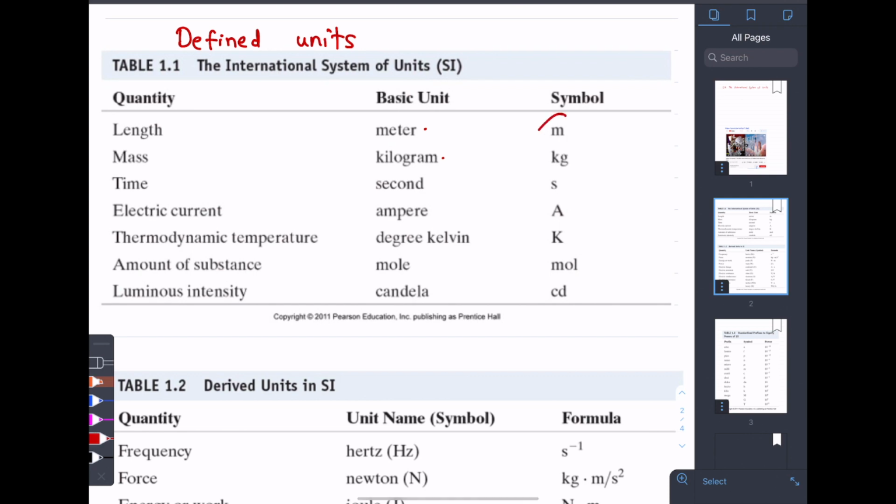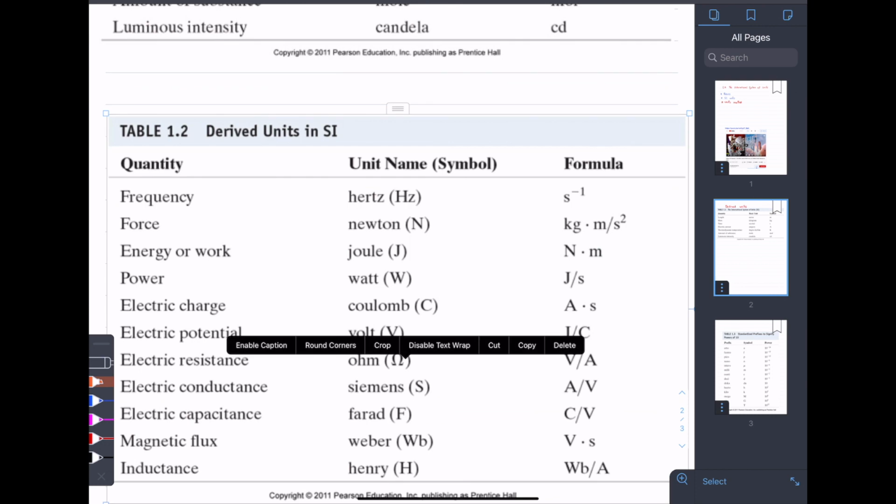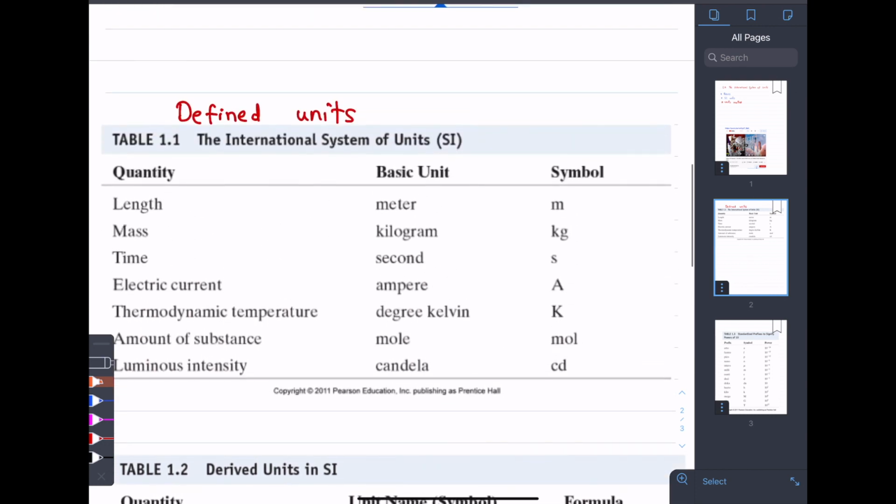The symbols for those units are provided here, and these are all from the textbook. So that's about the defined units, and these are the standard units that we will be using in this course.